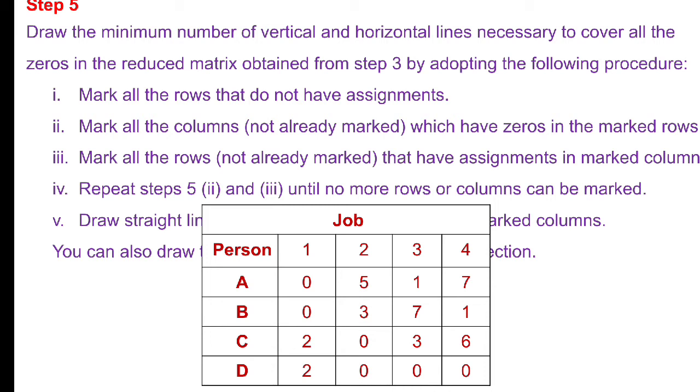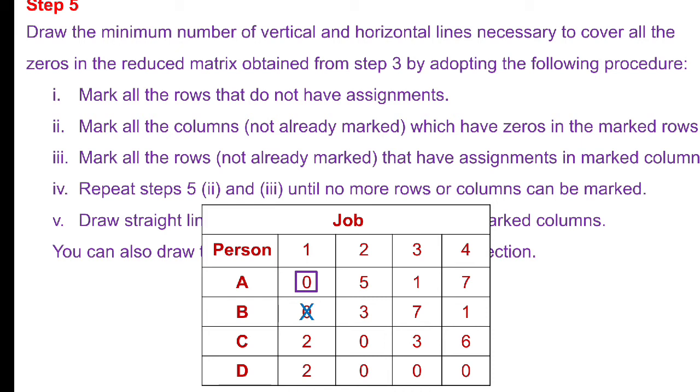In the first row I check, there is no other 0 except one, so only one 0 is there, and I assign it. Then in that column I cancel the other zeros, because a row or column should be assigned only one 0. That is job assigning.